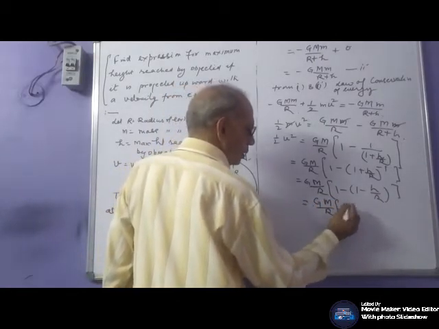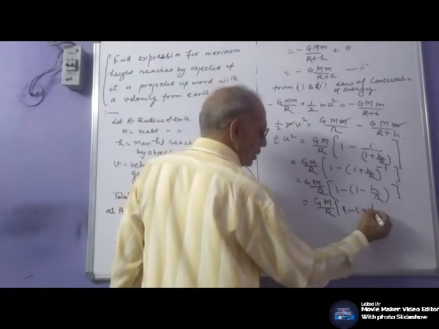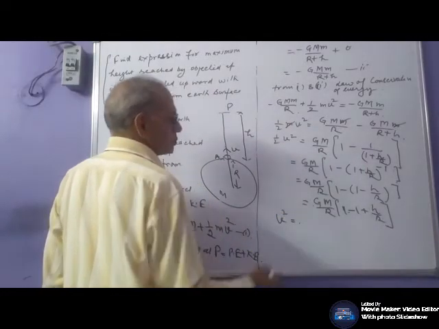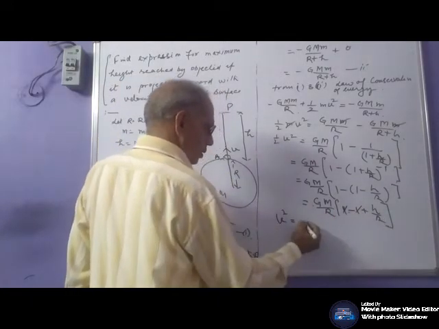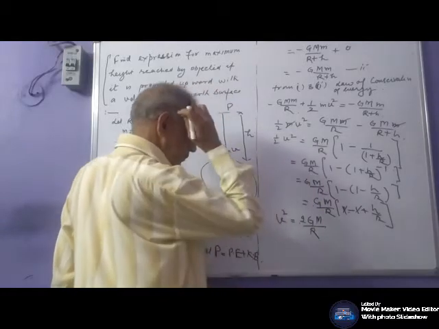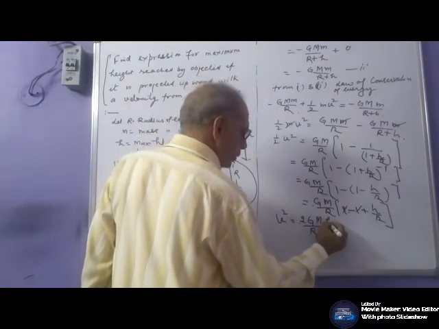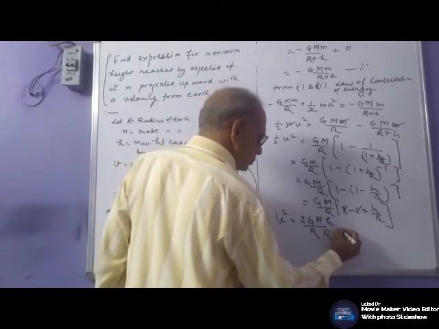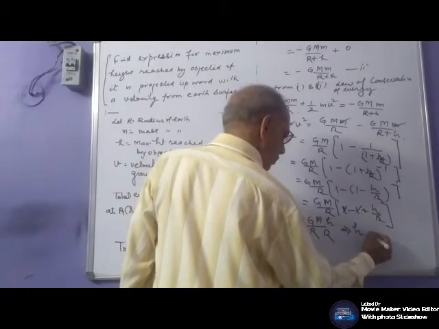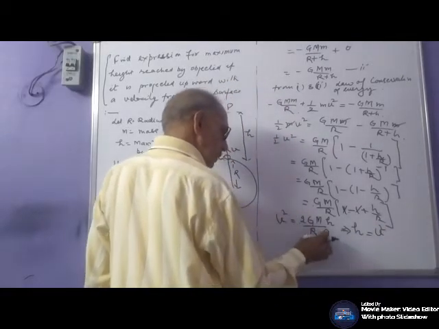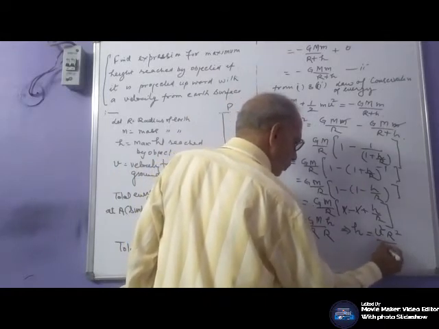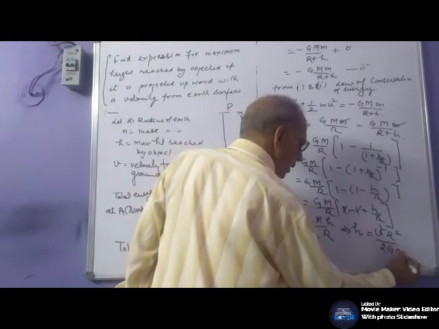Or it is GM by R, 1 minus 1 plus H by R, or V square by 2 equals GM by R into H by R, or H V square, take this to this side, R square by 2GM.